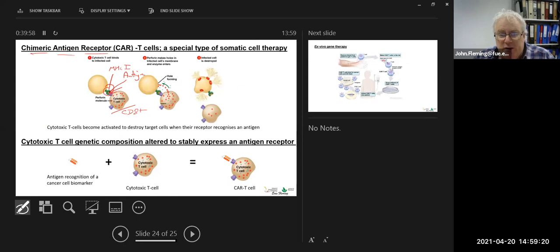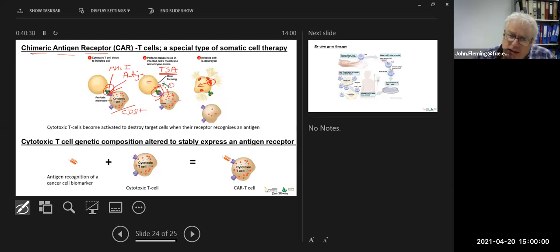So when the T cell receptor recognizes this microbial antigen, very often from a virally infected cell or from a cancer cell that is expressing a tumor specific antigen, we get degranulation of the cytotoxic T cell, which then releases these perforins in red, which bore holes in the surface of the target cell, and these little blue granzymes that go in and destroy the target cell. So this is how T cell receptors normally work.